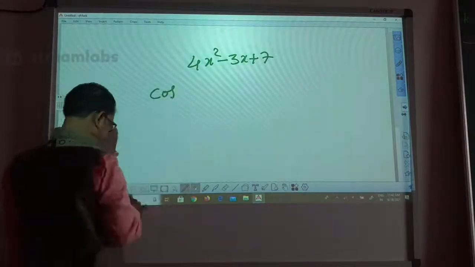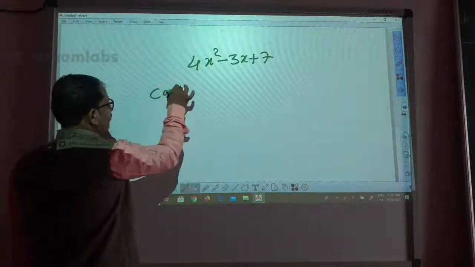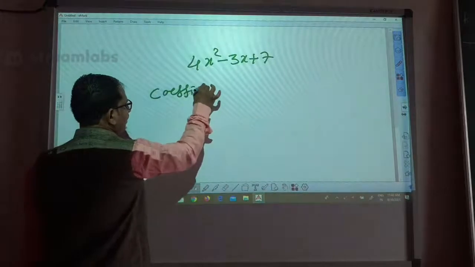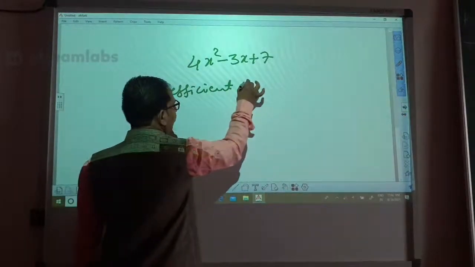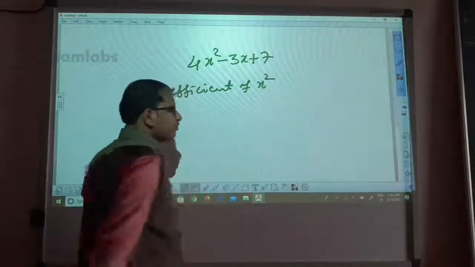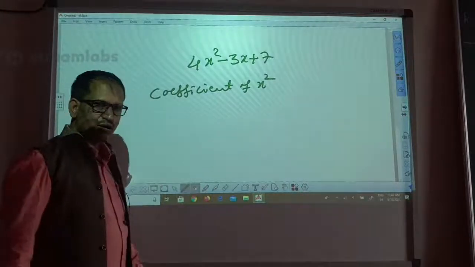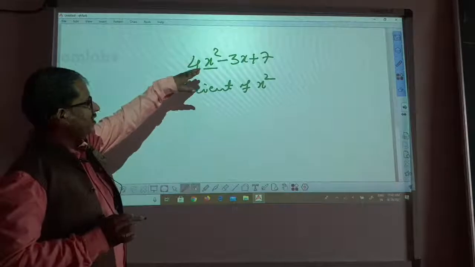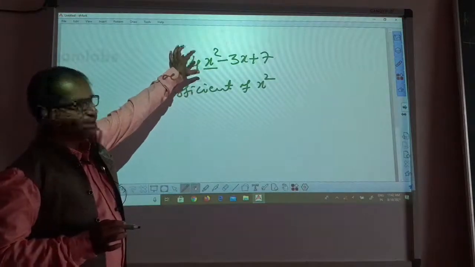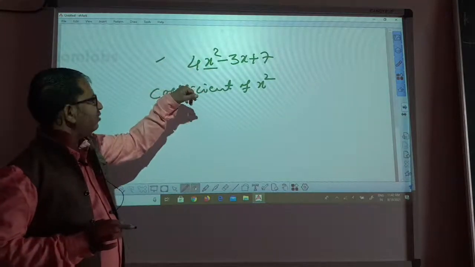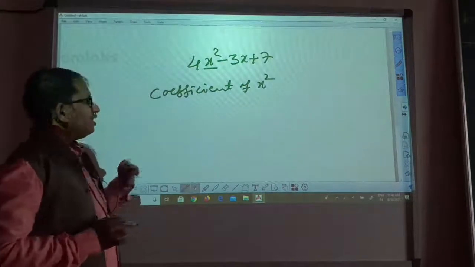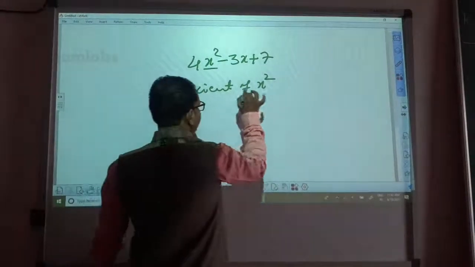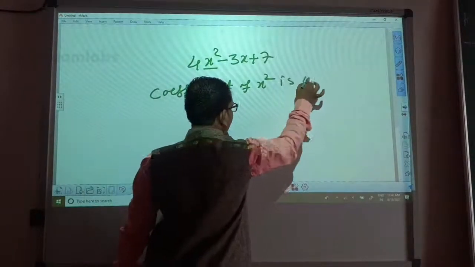We know the coefficient is always behind that particular variable. So what is the coefficient of x square? The coefficient of x square is 4.